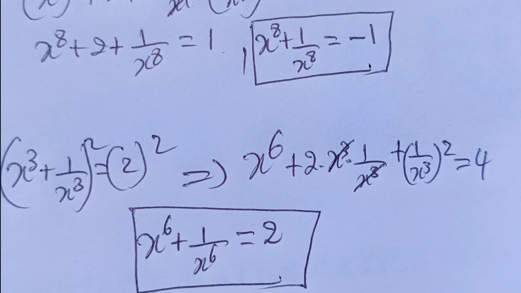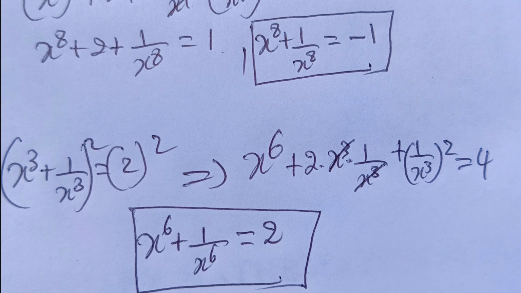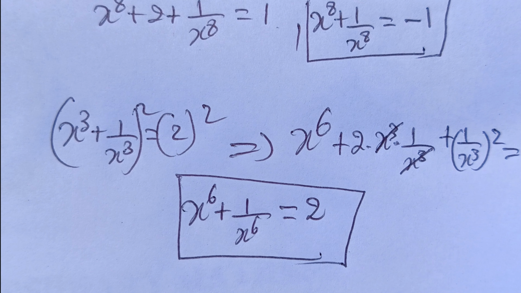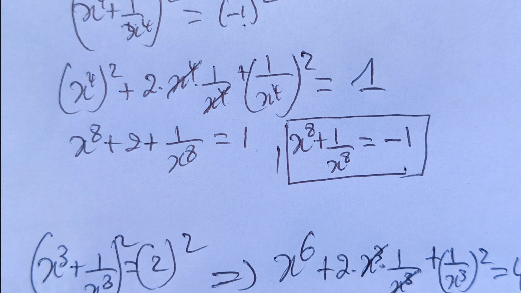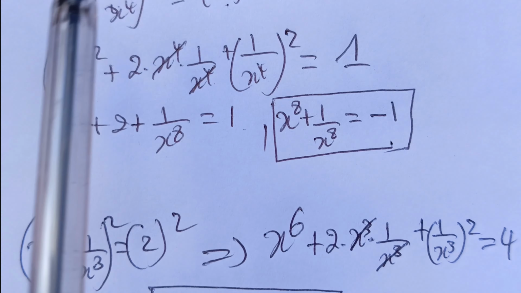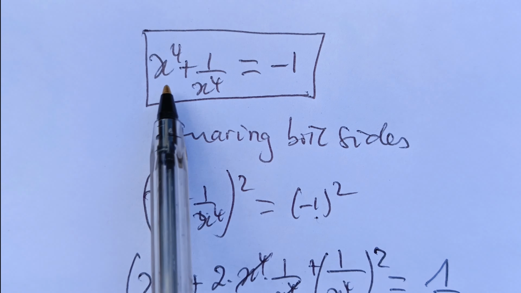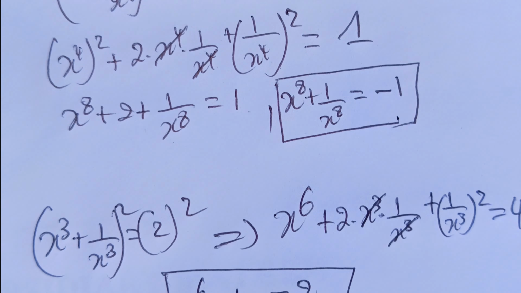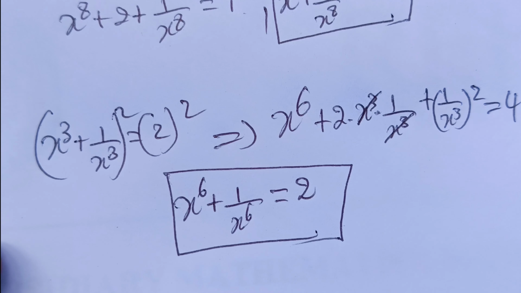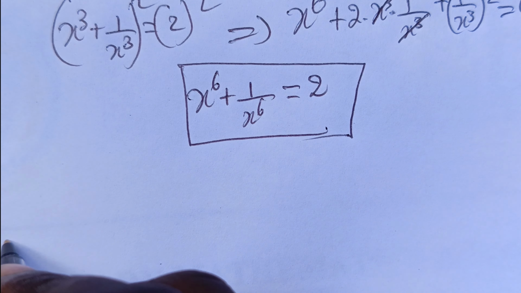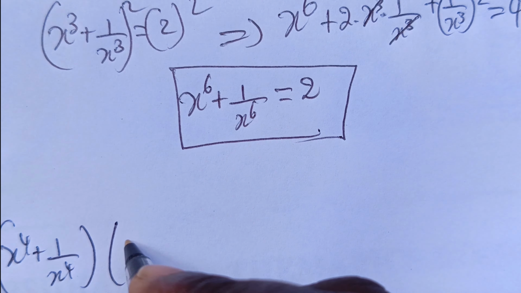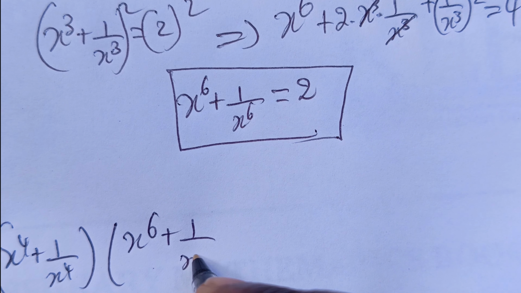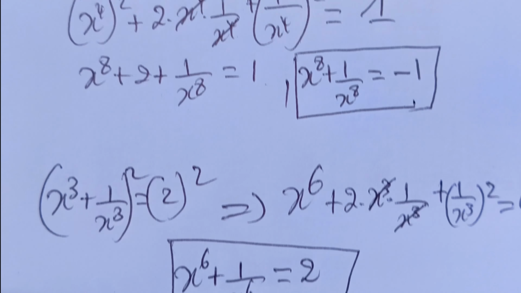Okay, now I'm wondering what is going to happen if we multiply x^4 plus 1 over x^4 times x^6 plus 1 over x^6.